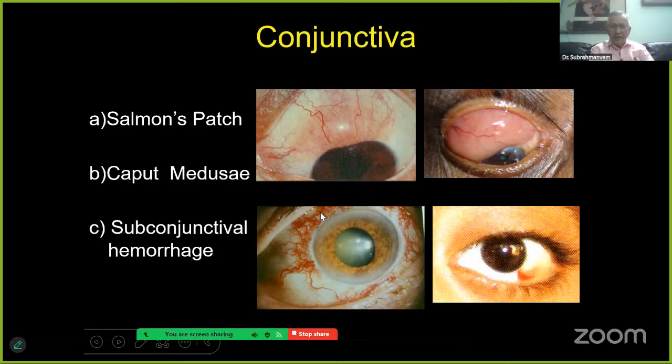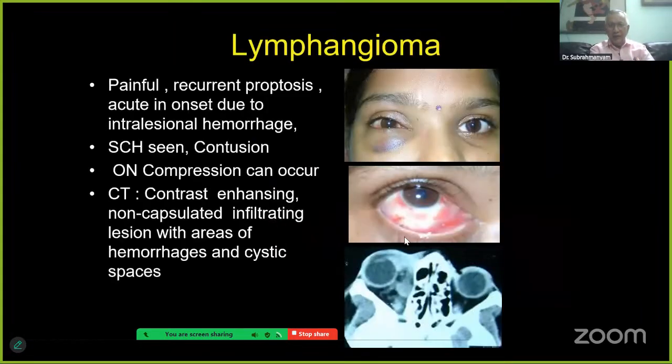Caput medusae, enlarged blood vessels all around, are typically seen in the carotid cavernous fistula, and there could be a subconjunctival hemorrhage, as we see here. The subconjunctival hemorrhage may be minimal, or here is a patient with a lymphangioma with painful recurrent proptosis, acute in onset due to intralesional hemorrhage.